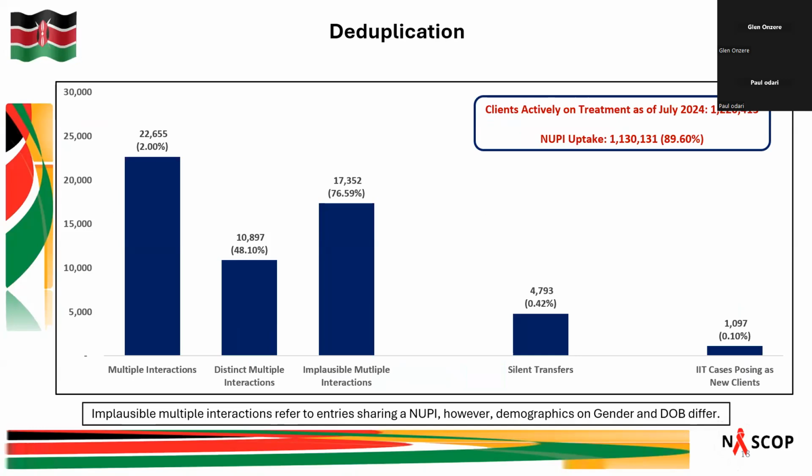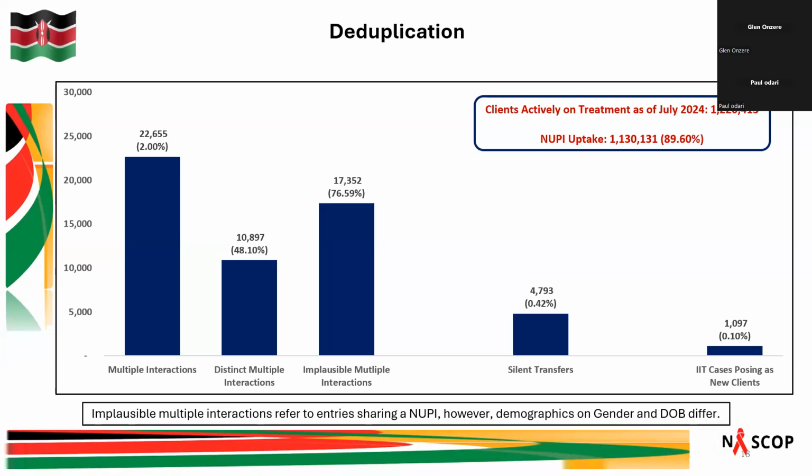Among these, we found that 10,897 distinct clients were active in multiple facilities, appearing in 1,825 facilities, which means that 10,895 clients are receiving ART in 2 or more facilities, and that's a total of 22,655 multiple interactions.